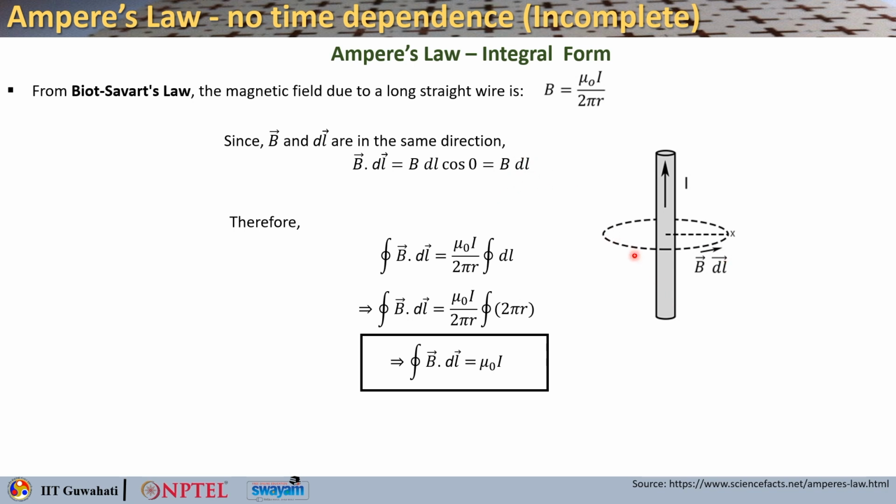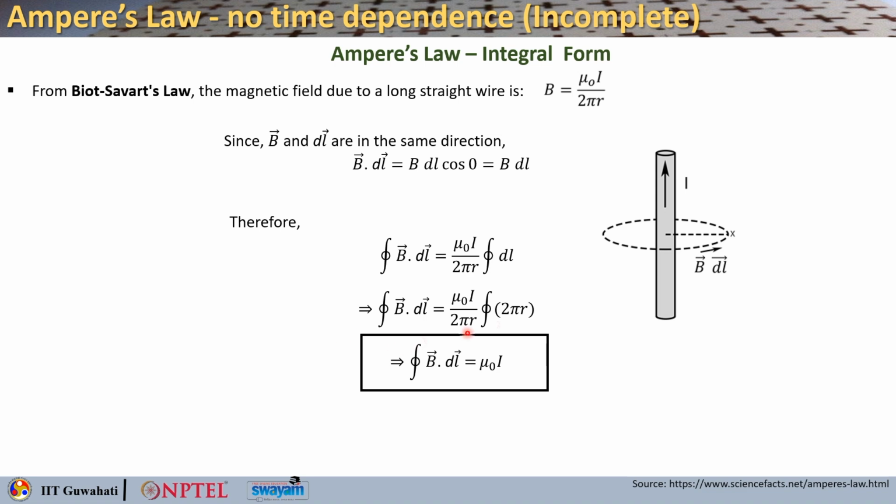Now if you integrate it along this closed loop, you write the closed line integral of B dot dl, and that will be equal to B, which you already know, that is mu naught I by 2 pi r. So, what you are left with is the integral of dl.